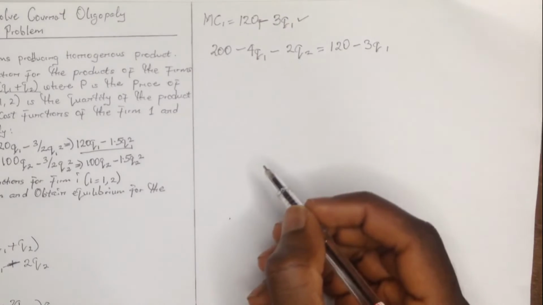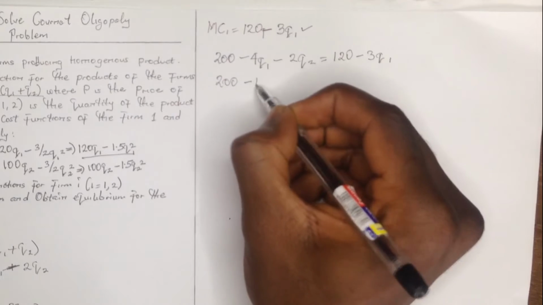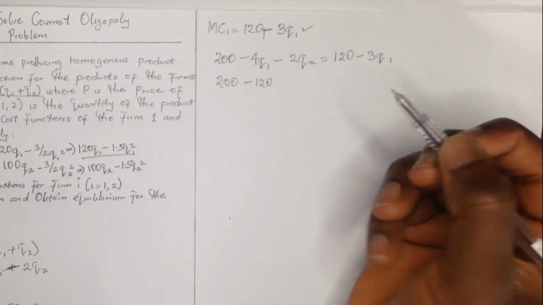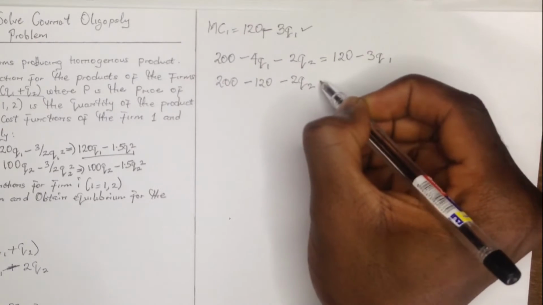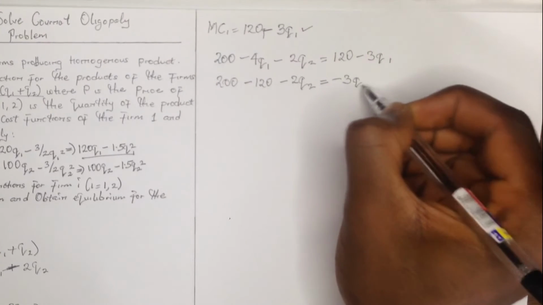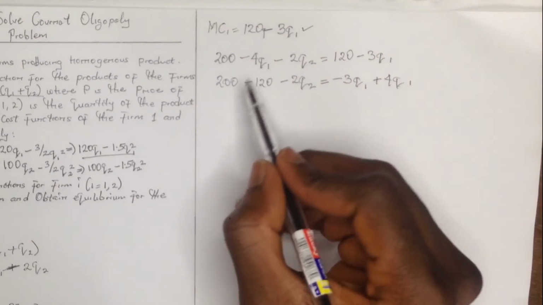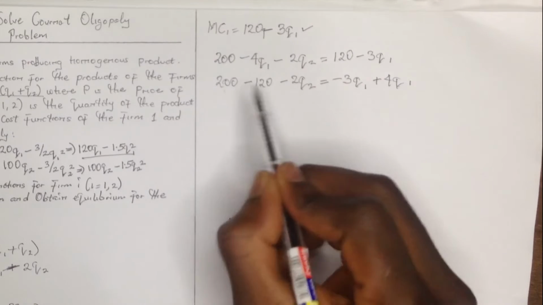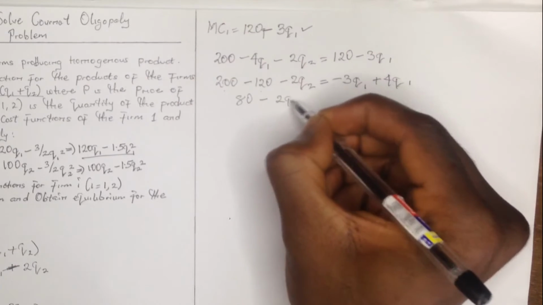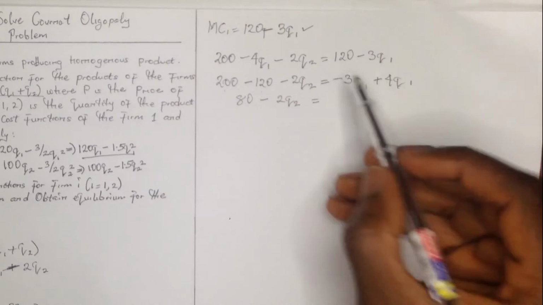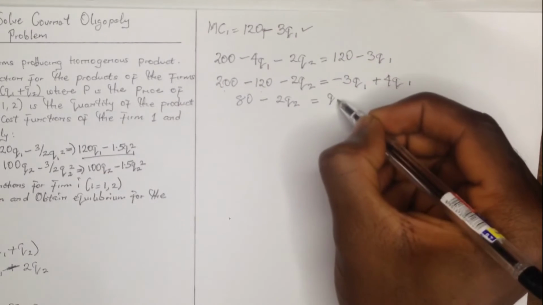Then we collect like terms: 200 minus 120, that is 80, minus 2Q2 equals minus 3Q1 plus 4Q1, which gives Q1.